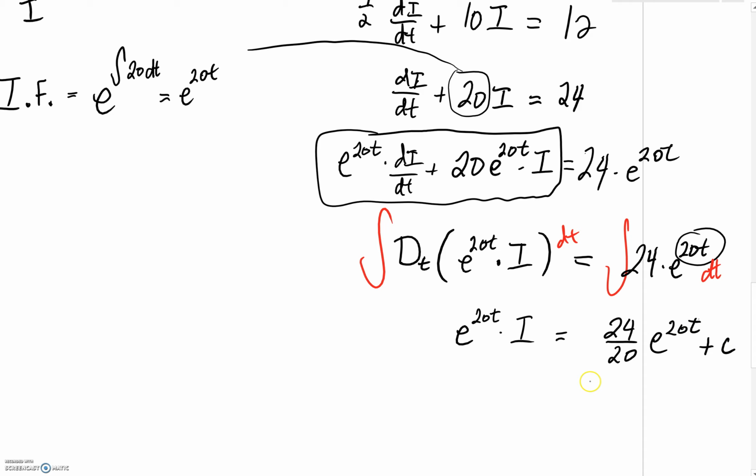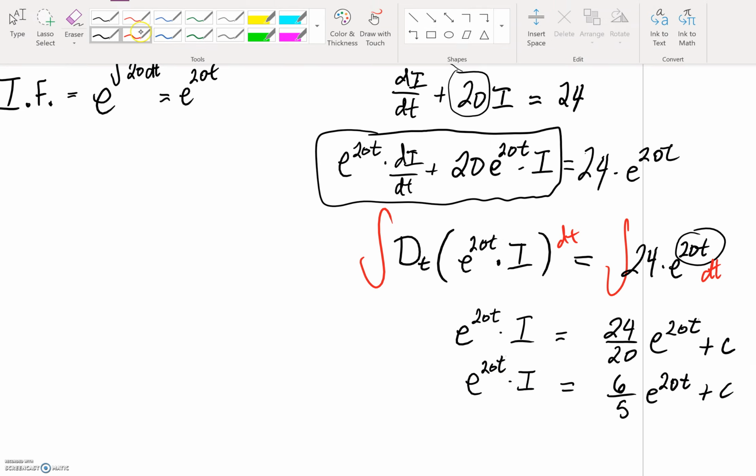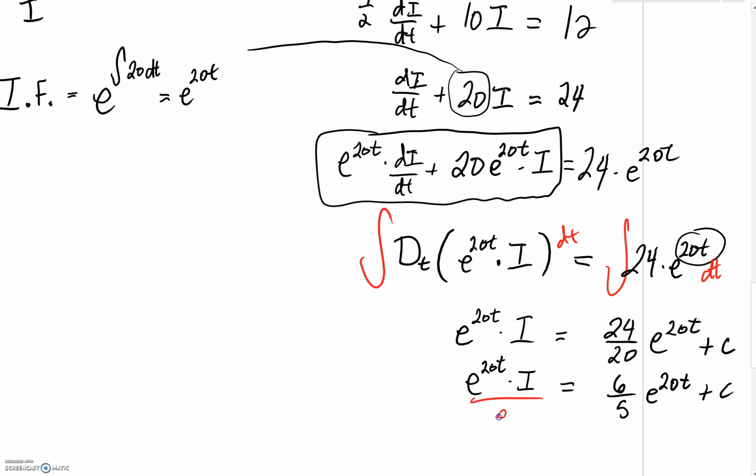And 24 over 20, I think we all know, is going to reduce rather quickly. Dividing out a 4, we get 6/5. So that's going to work out pretty nice and fast. Tell you what, solving for I, we can divide everything by e to the 20t, including the constant, by the way.